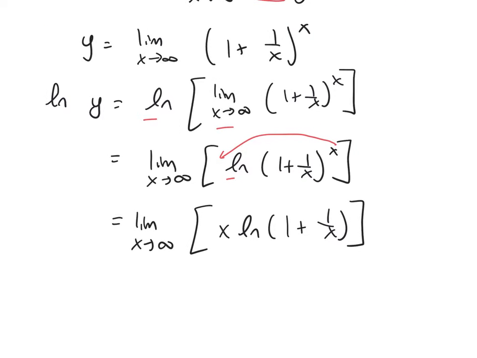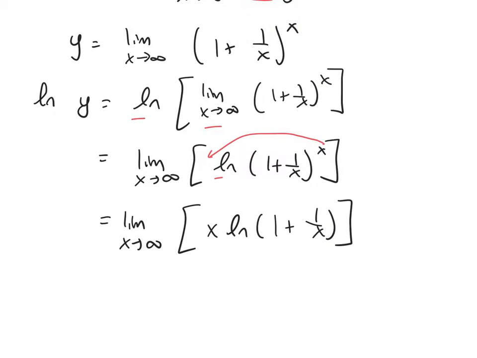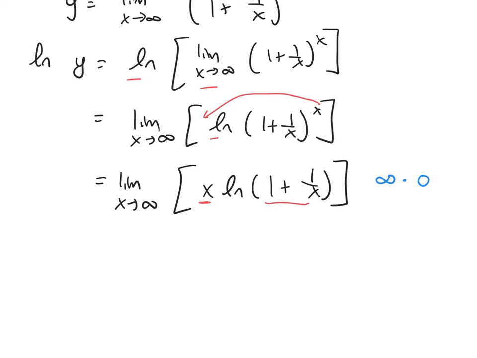If I look right now at my limit, this x is going to go to infinity. And then the inside, 1 plus 1 over x, is 1, and ln of 1 is 0. So I'm getting infinity times 0. And remember, we had something like this in our last video. We've got to rewrite it as a fraction.